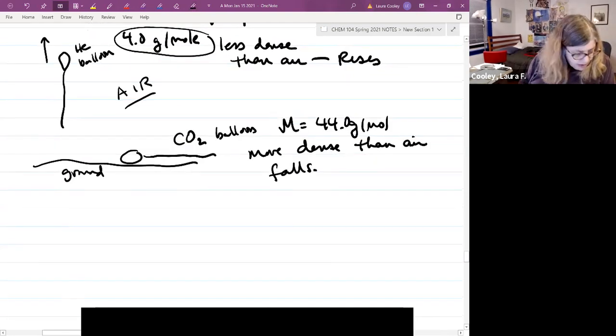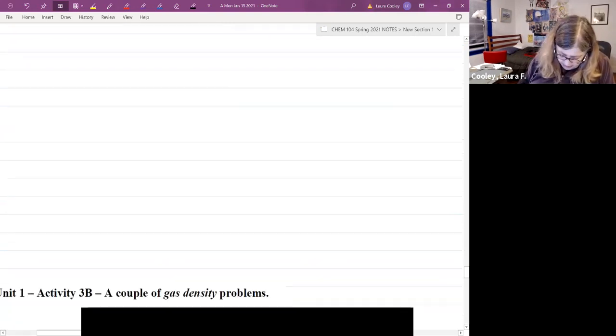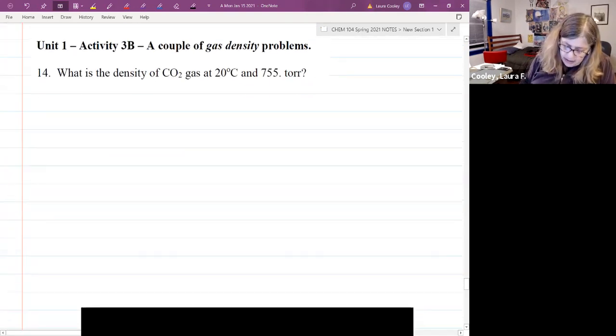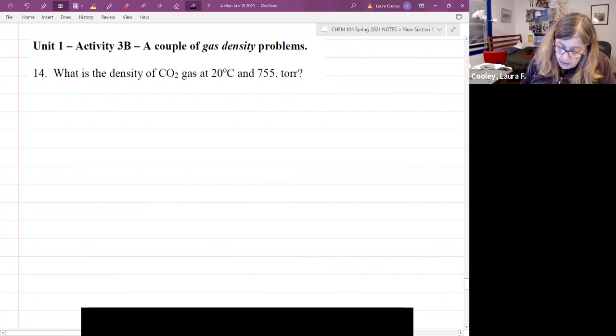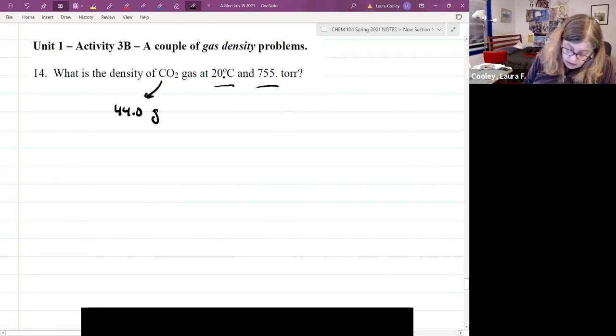So let's see, problem 14 says, what is the density of CO2 at 20 degrees C and 755 torr? Notice it has to give you conditions because the density varies with those things. So first of all, we need to know the molar mass of CO2. 2 oxygens, 16 and 16, is 32, and 12.01 for carbon. So 44.0 is right.